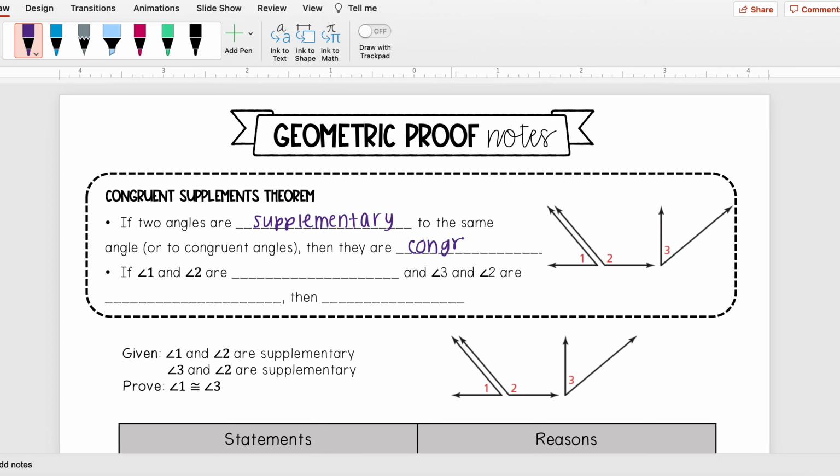So if we're looking at this image here, if angle 1 and angle 2 are supplementary, and angle 3 and angle 2 are supplementary, so angle 1 is supplementary to angle 2, angle 3 is also supplementary to angle 2, then that means that angle 1 is congruent to angle 3.